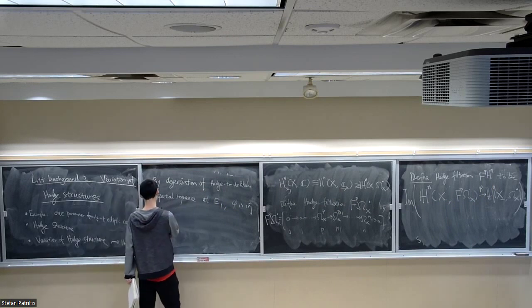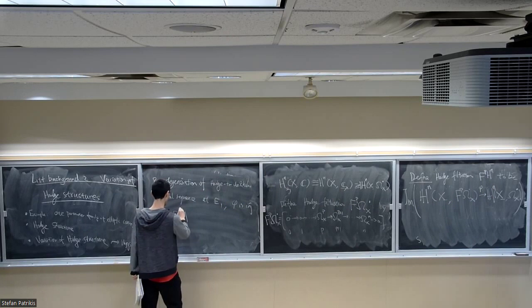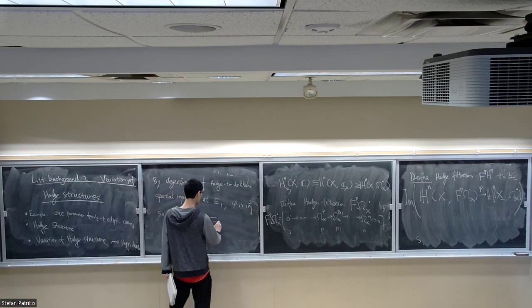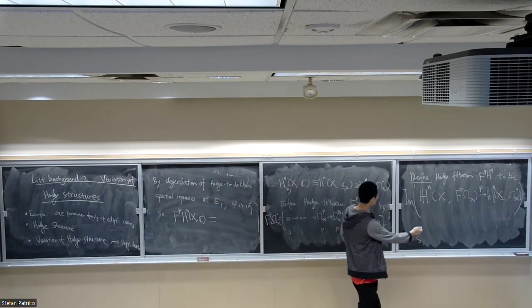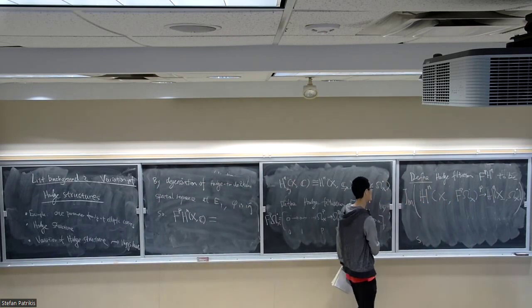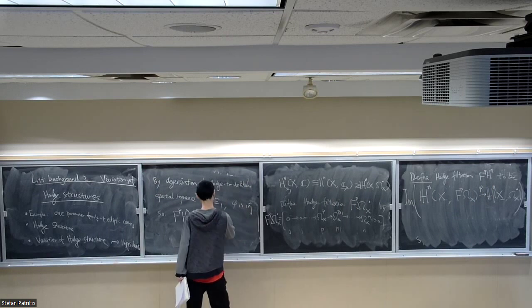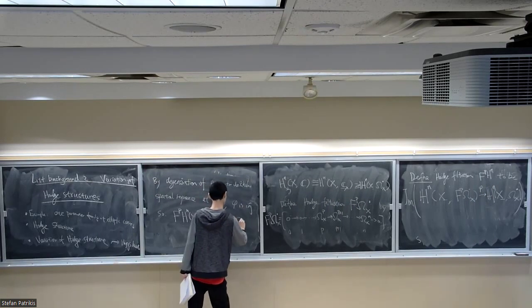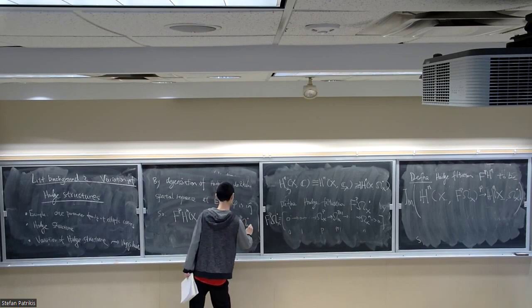So what is really happening is that the p-th Hodge filtration at C is literally just this hybrid homology of FP omega star.